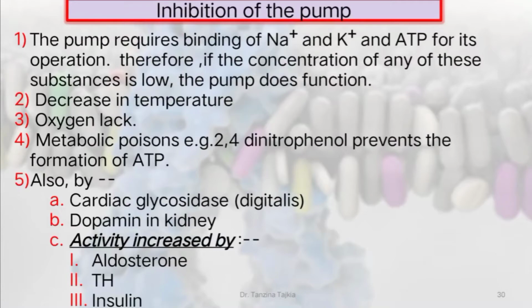If the concentration of any of these is low, the function of the pump is low. Decreased temperature, oxygen lack, and metabolic poisons are also responsible for inhibition of the pump. It is also inhibited by cardiac glycosides and dopamine. The sodium-potassium pump activity is increased by aldosterone, thyroid hormone, and insulin.